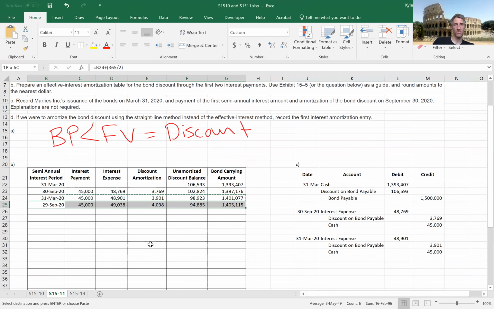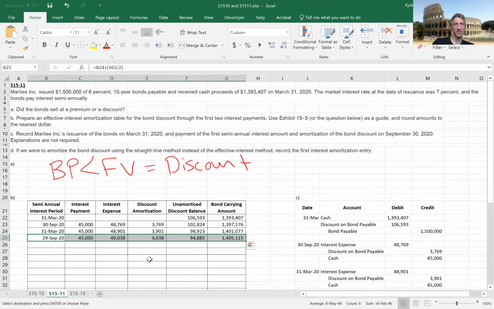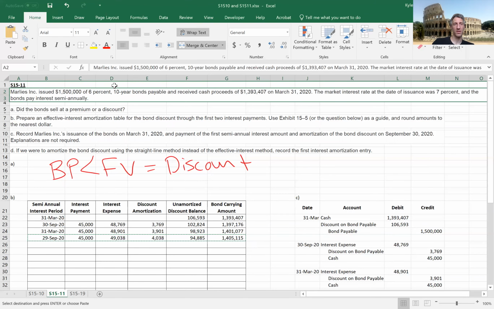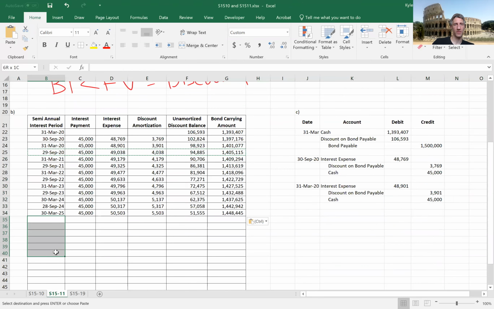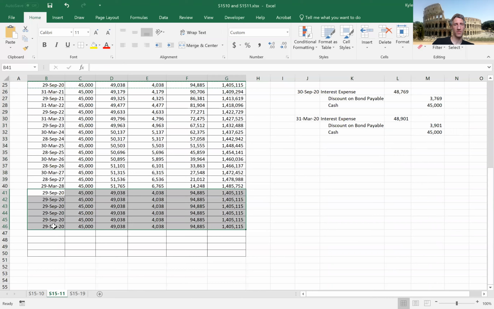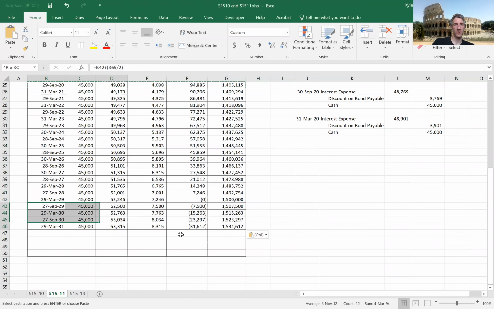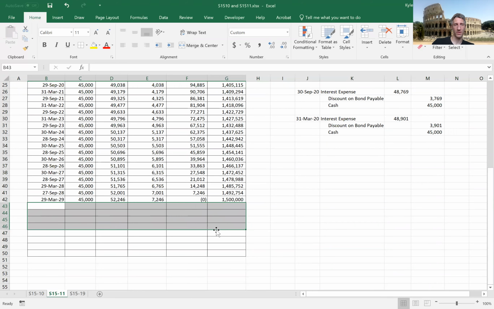I want to go forward and complete this schedule. So it was a 10-year bond, which means 20 interest payments. So I'm going to just complete the schedule. I went a little bit too far. Okay.